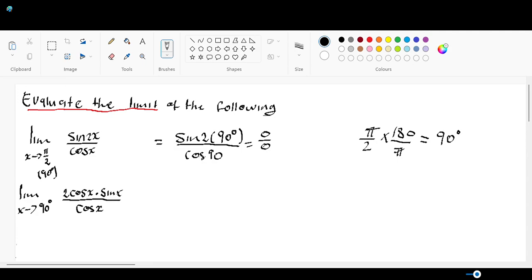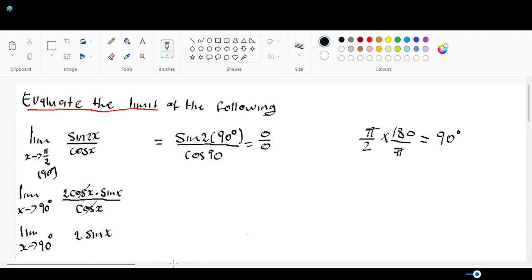Go and watch it so that you can understand how I got this 2 cos x multiplied by sine x. Alright, when you are done simplifying, you can see that cos x divided by cos x gives you 1, so you're going to be left with 2 sine x, as x approaches 90 degrees.